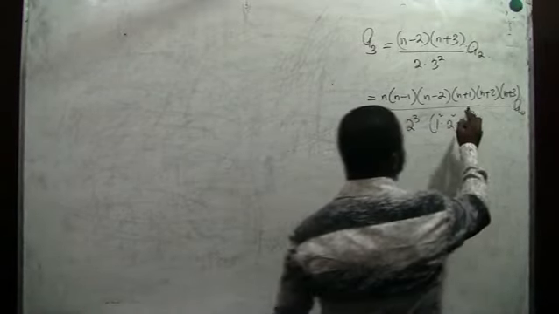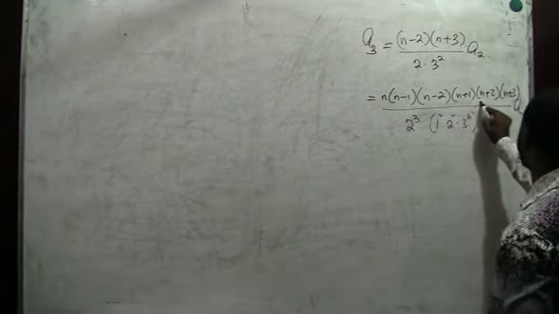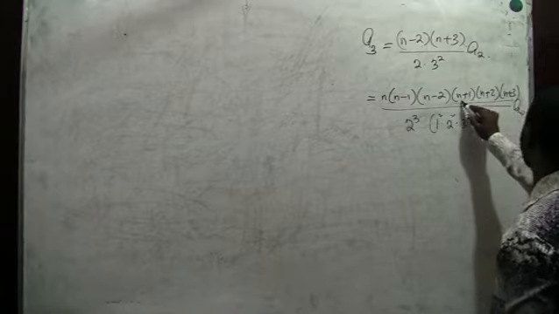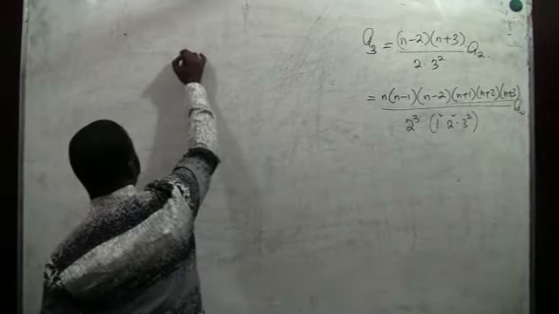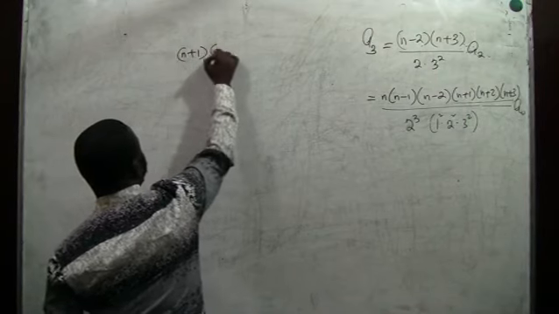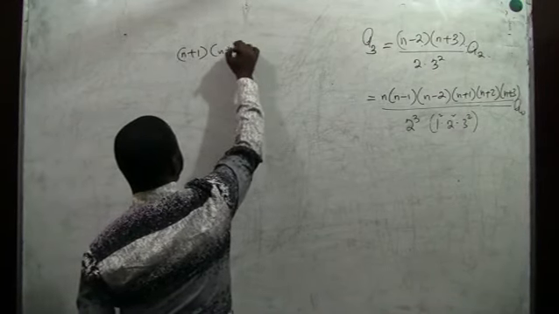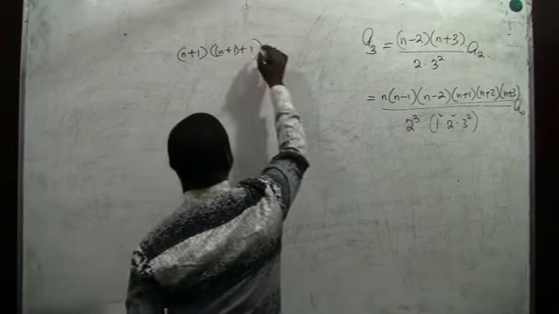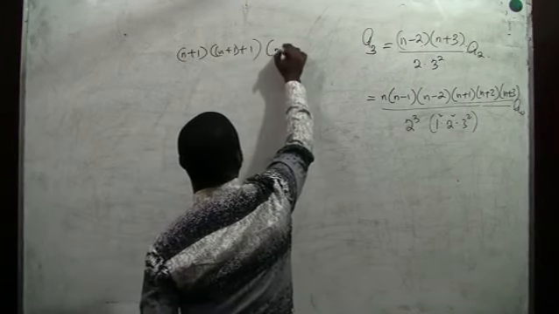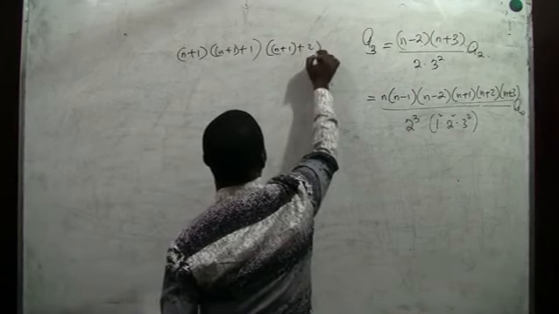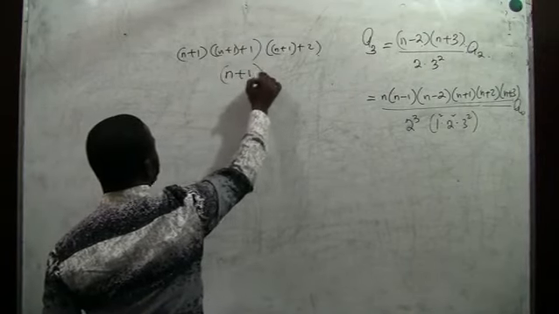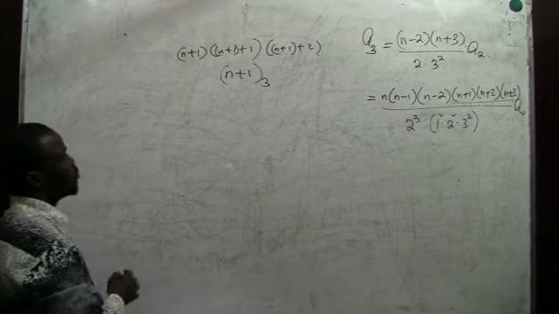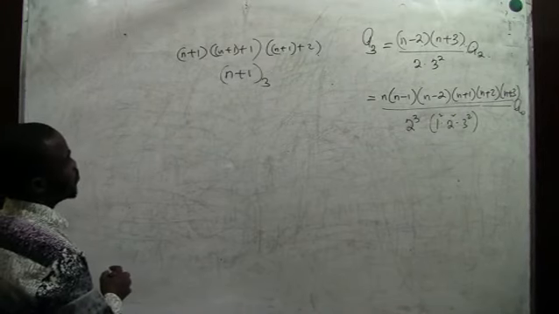We do not have problem with this. N plus 1, N plus 2, N plus 3. Of course, that will have been N plus 1, N plus 1 plus 1. Then I have N plus 1 plus 2, which simply defines N plus 1 sub 3.